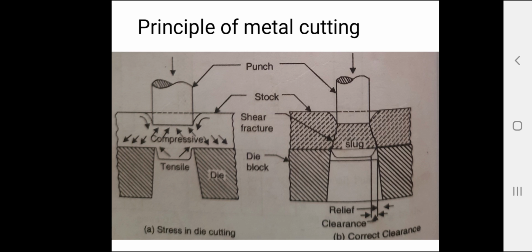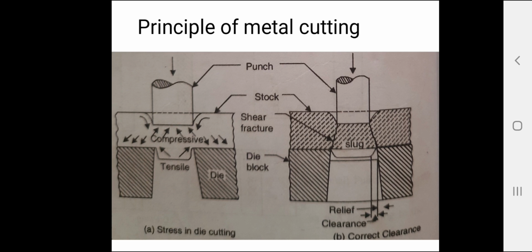The various steps in the rupture or fracture of material can be written as: stressing the material beyond its elastic limit, plastic deformation, reduction in area. The fracture starts in the reduced area and becomes complete.